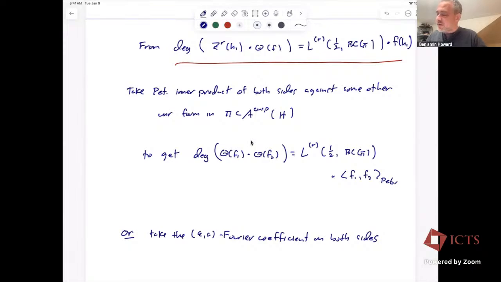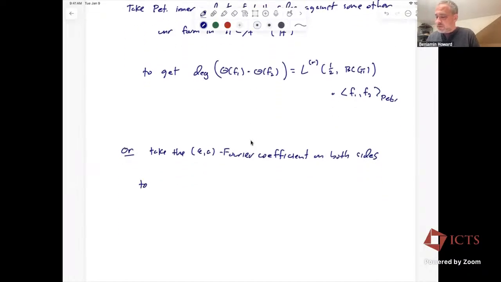And when you take the EA Fourier coefficient on the left-hand side, you replace this by its own EA Fourier coefficient, which is one of our special cycles. And on the other side, you're just taking the Fourier coefficient of this F. And so that would give you a different formula.